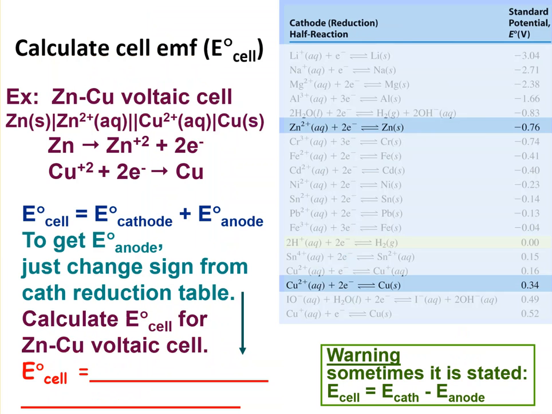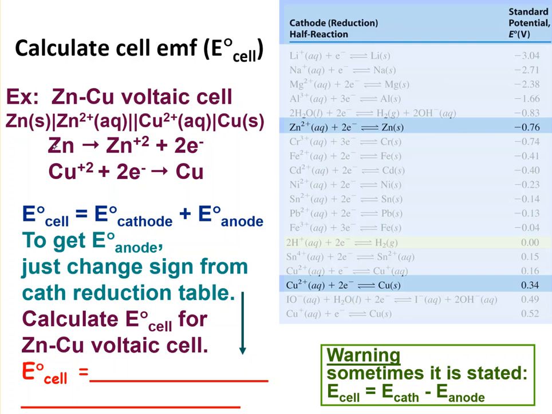Okay, let's see another application with the table. We're given a voltaic cell, and remember that these reactions are in order, so I went ahead and wrote the half cell reactions. The zinc to the zinc ion, the copper ion to the copper solid, okay, and that's those. We might want to decide which is oxidation, reduction, anode, and cathode, so let's do that.